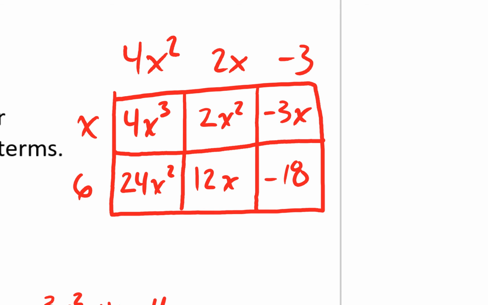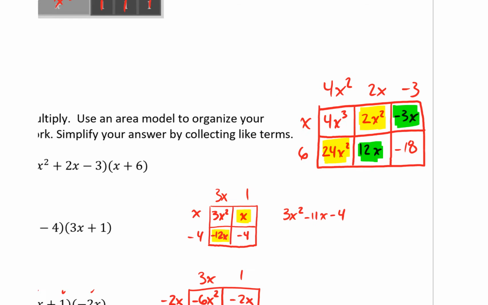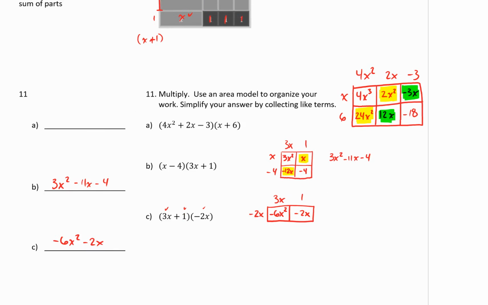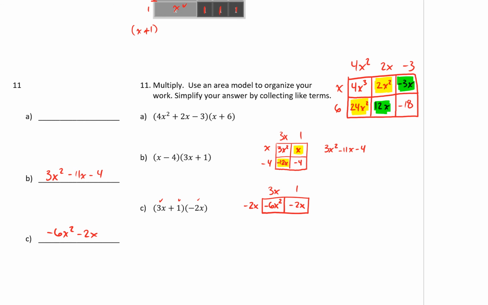So there are like terms here, and it's really important that we identify them. Definitely 24x squared and 2x squared are like terms, so we can combine those. And we can also combine, of course, this 12x and this negative 3x. So let's go ahead and write down our answer, and I'll combine the like terms at the same time. First of all, you can see that there was 4x to the third power.